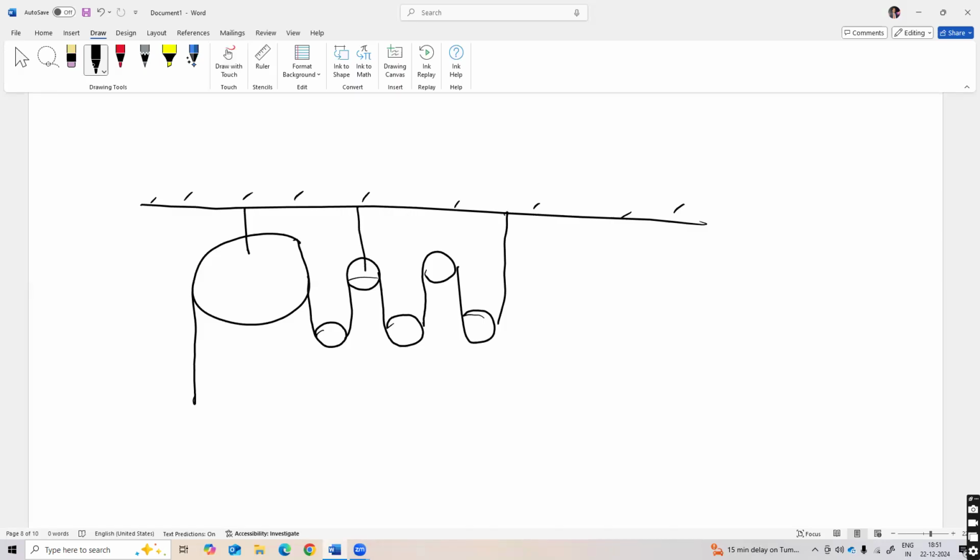So these top pulleys are fixed. This bottom pulley can move.